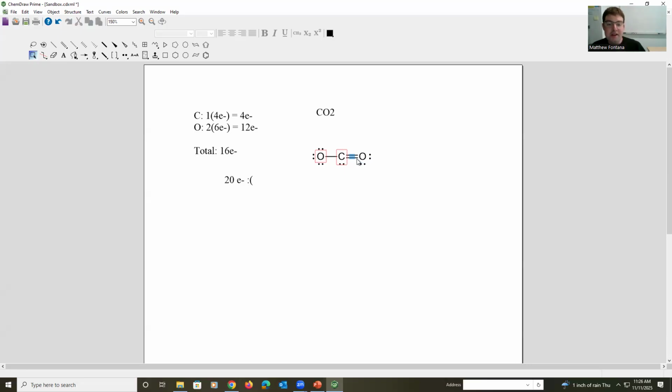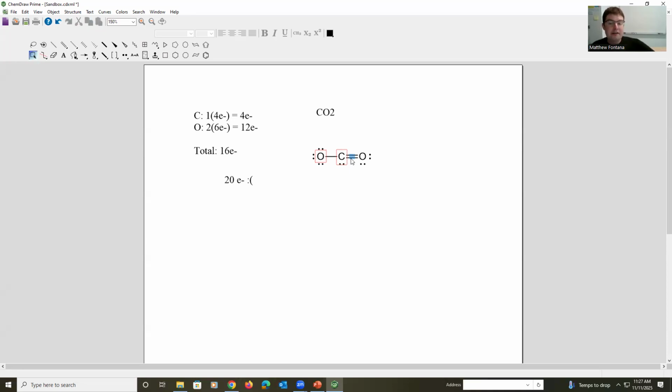If we do the octet for oxygen, we see it has 2, 4, and then 6 and 8 from the double bond. If we look at carbon, it has 2, 4, 6, and 8 from the double bond. Okay, so we have an octet on oxygen, we have an octet on carbon.